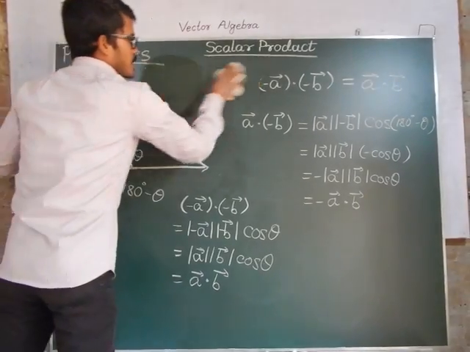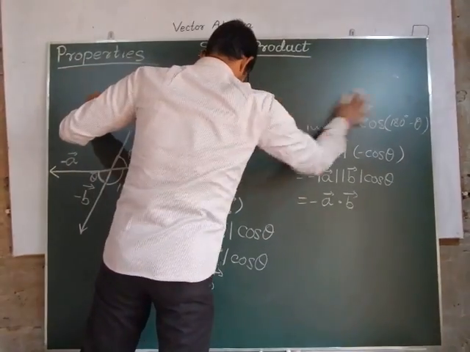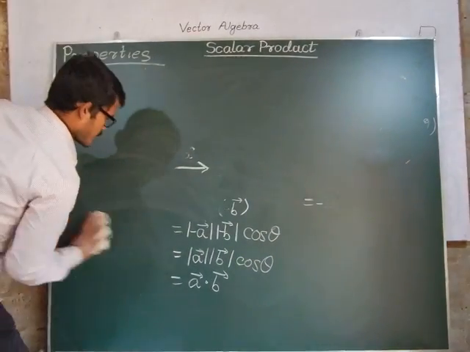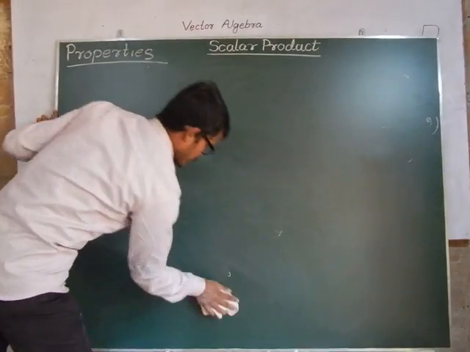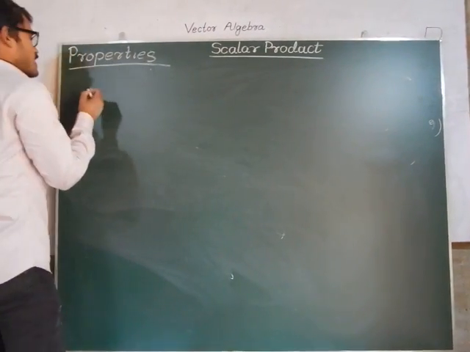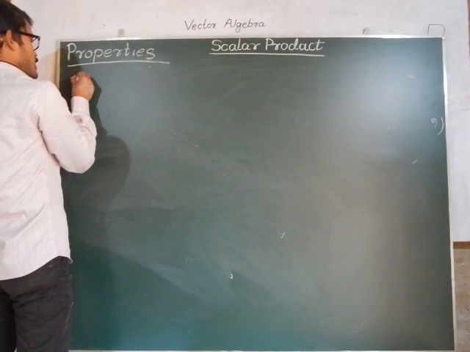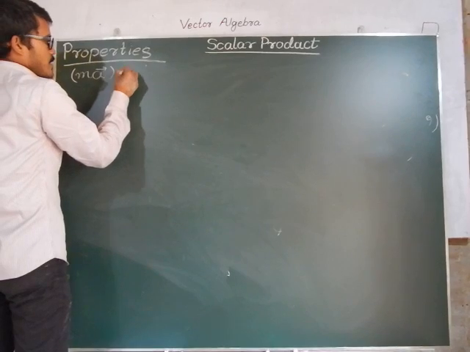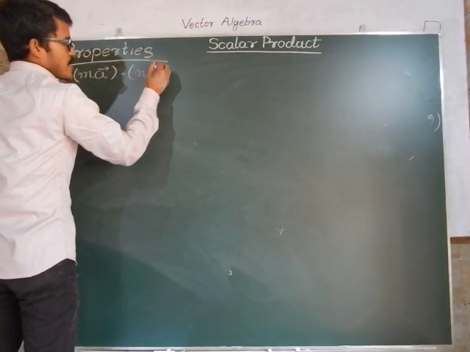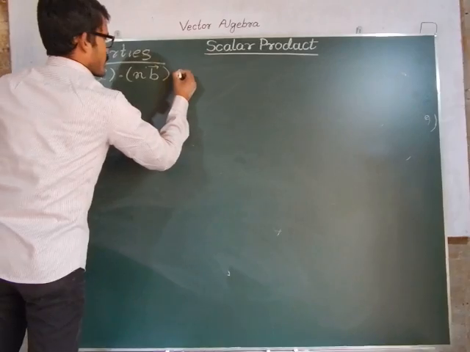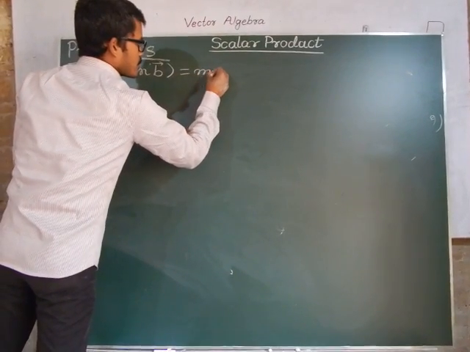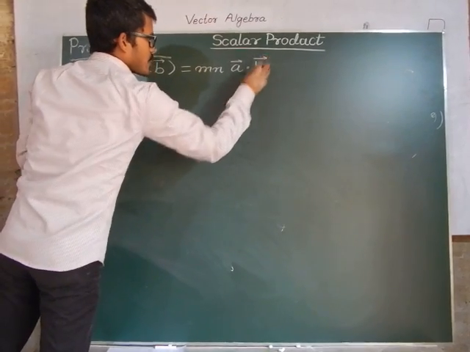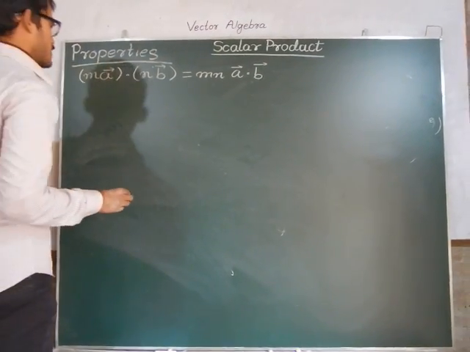Let us discuss the next property. That says if m and n are two scalars, then ma dot nb is equal to mn times a dot b, where m and n are any scalars.